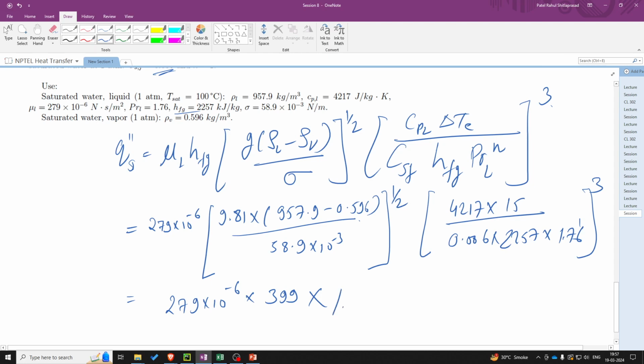This comes around 1.86 into 10 raised to 10.